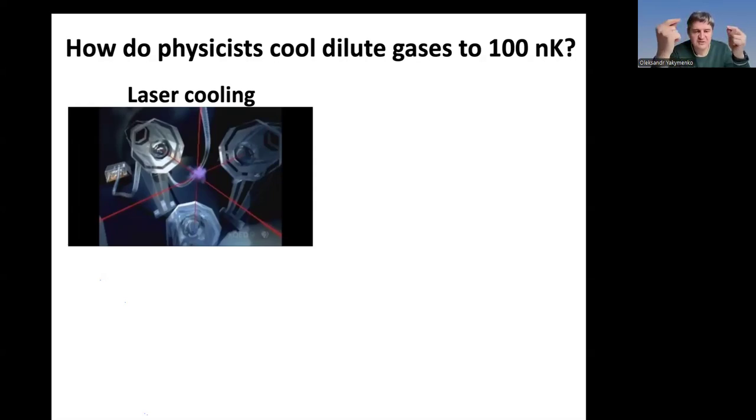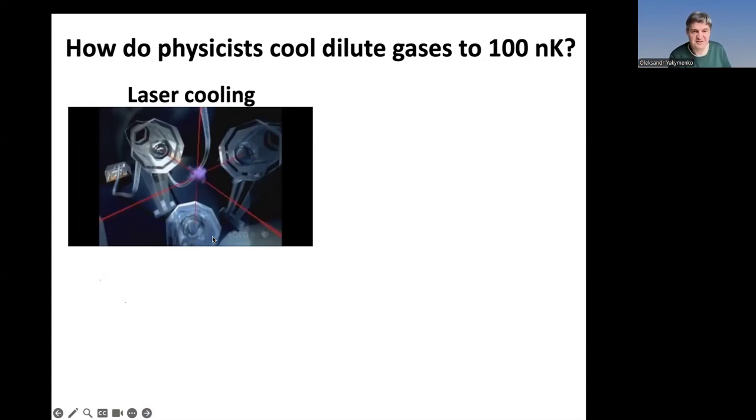So the Doppler effect shifts the frequency, and when the atoms emit the photon, their kinetic energy decreases. It's a very clever idea, and it allows you to get temperatures like hundreds of microkelvin.